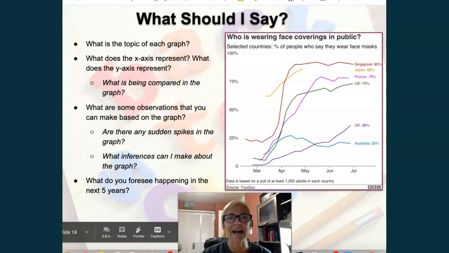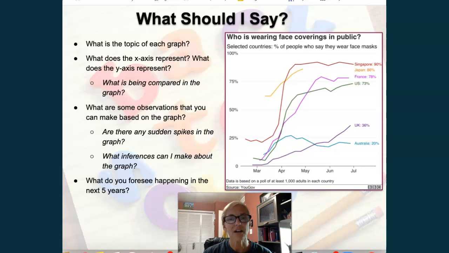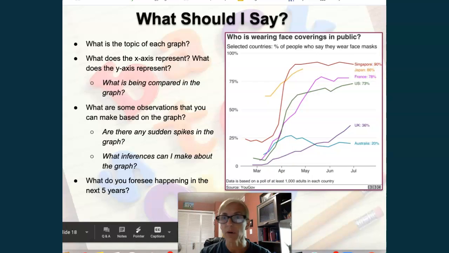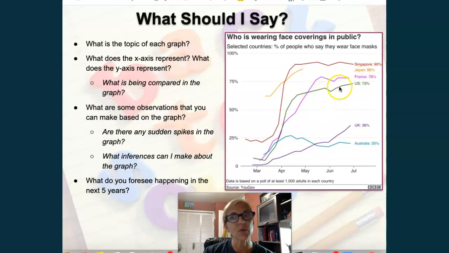So what do you foresee happening in the next 5 years? That's hard to tell from this graph because this is just a few months. But if the trend were to continue, Singapore is not going to change much. France isn't going to change much. The United States, we're slightly increasing. Maybe a few more people will wear masks. And the UK is currently on an incline. They didn't respond really quick, and so they've had a not as steep a grade in their graph.